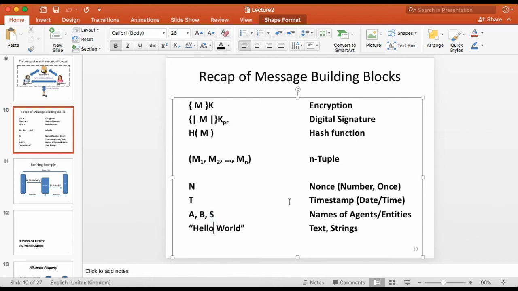Finally, the last building block in our language is standard text, or strings, or even numbers, for example hello world, or 1 2 3 4 5 6, whatever it is. Any sort of basic data, whether strings, numbers or anything else, also forms part of this language.